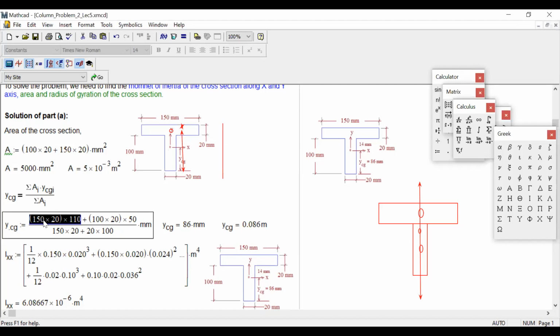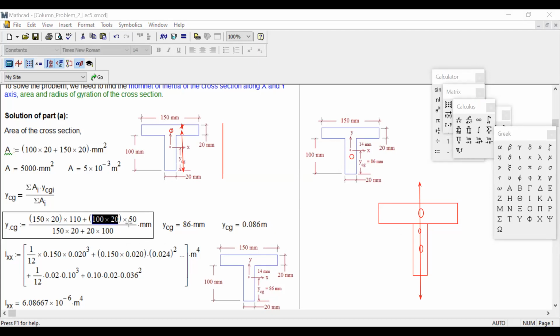Now you take the bottom one. What is the area? This distance is 100 by 20, so 100 into 20 is the area. And where will be the location of CG? The location of CG will be at the middle of this height, right? This is 100, so it will be right over here.